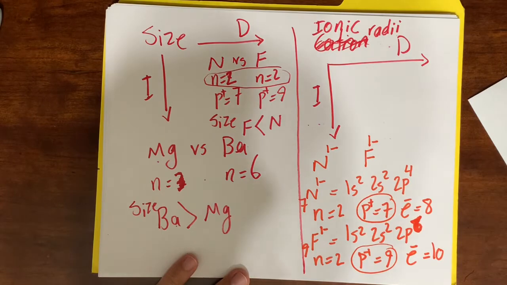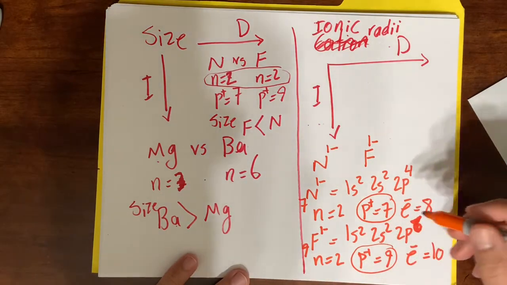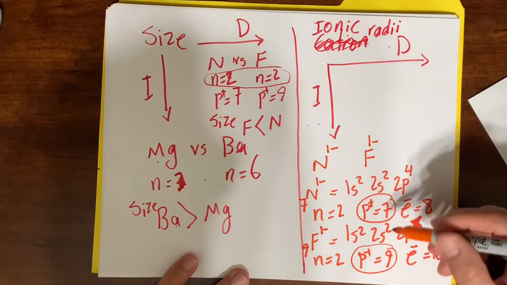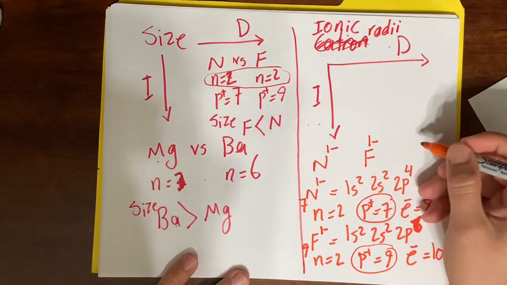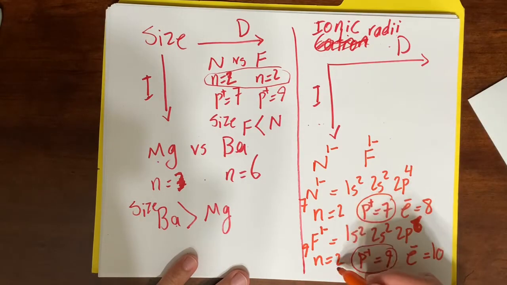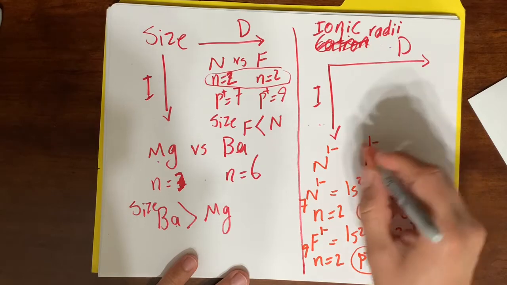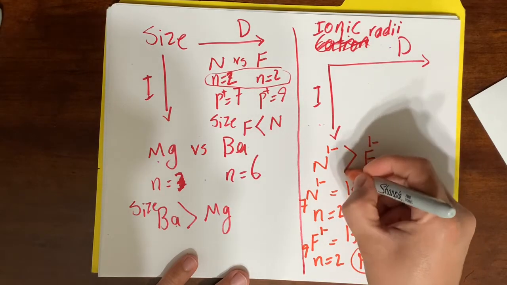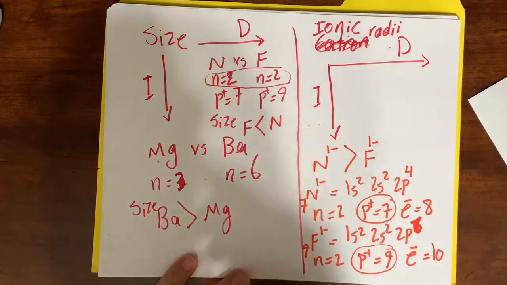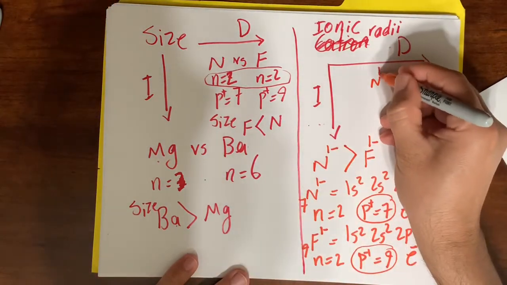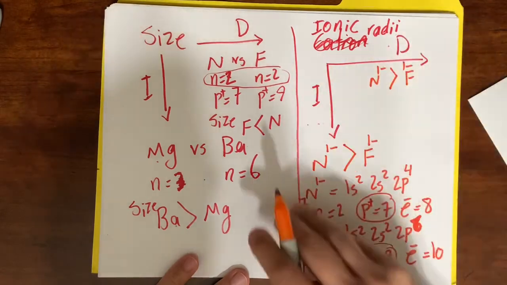The one that has more protons will be smaller. So in this case, because both of them belong to n equal 2, I'm going to say the size of fluoride will be smaller than nitride. So N minus 1 is bigger than F minus 1.